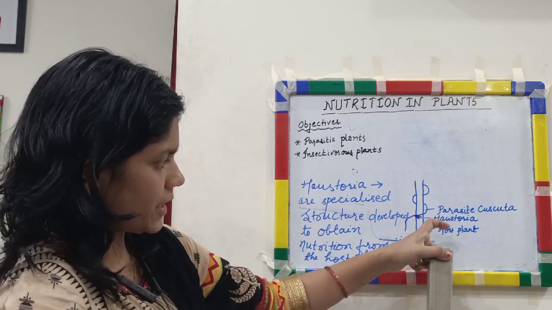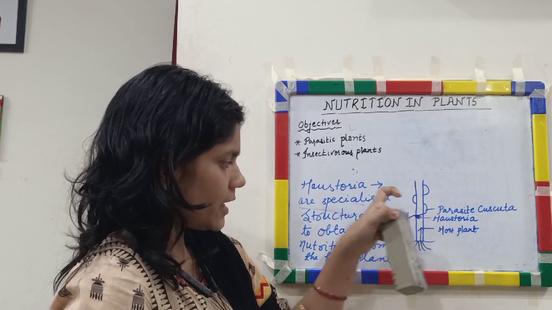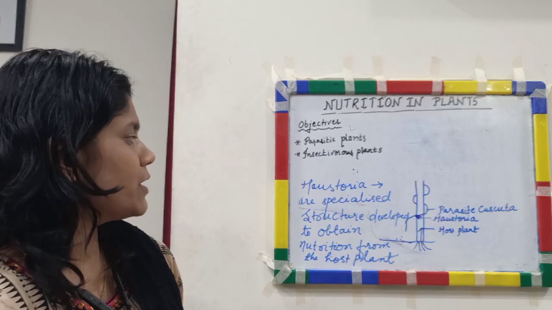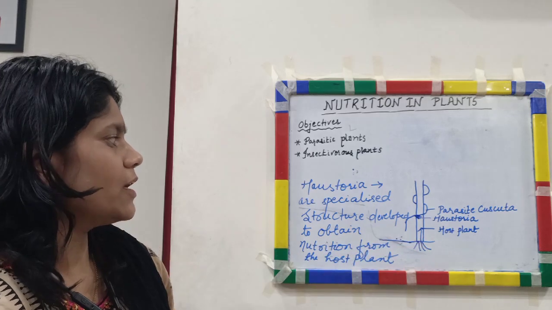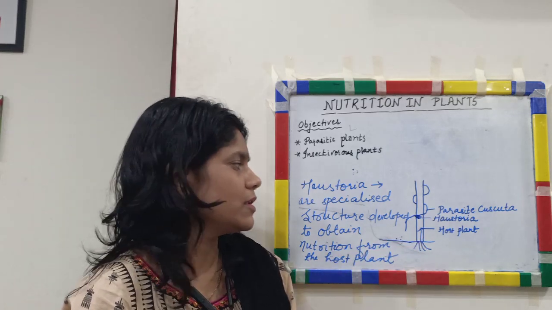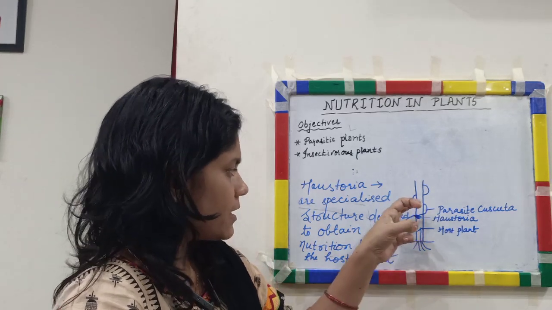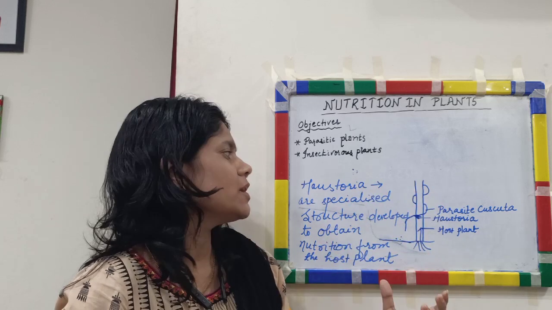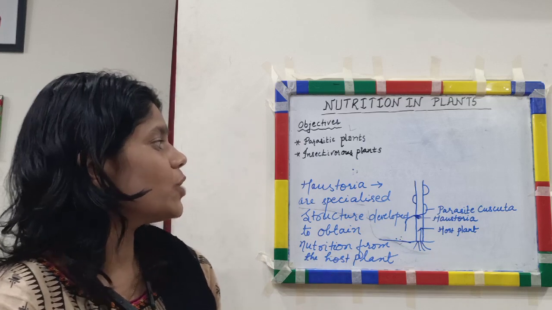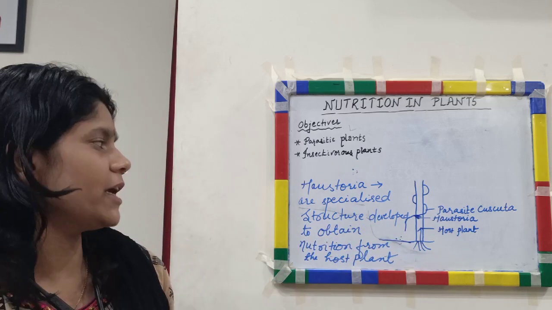And where is the connection of haustoria? It establishes its connection with the vascular tissue of the host plant. So in this way, it derives its nutrition. And after it has surrounded the host plant, it may increase its boundaries to other plants also.